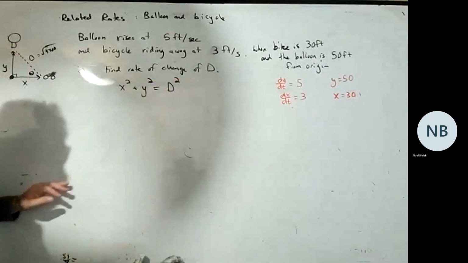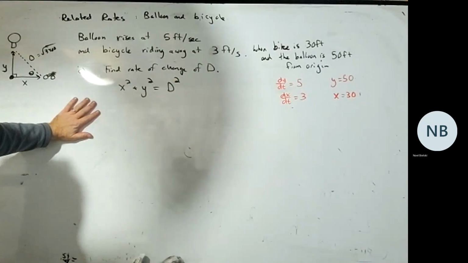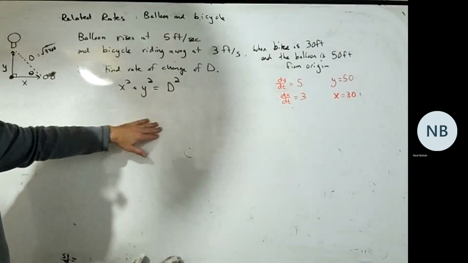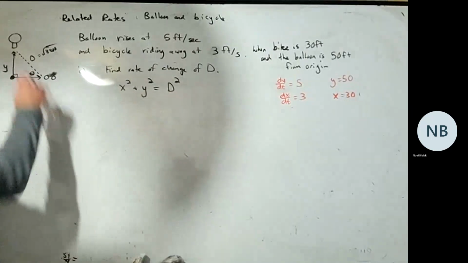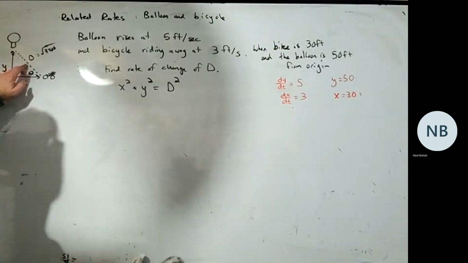Make sure that you write your relating formula first and then take the derivative second, okay? Because all these things are possibly changing. Sometimes they're not. For instance, if this was like a ladder or something like that, if this was connected, then this might not be changing.